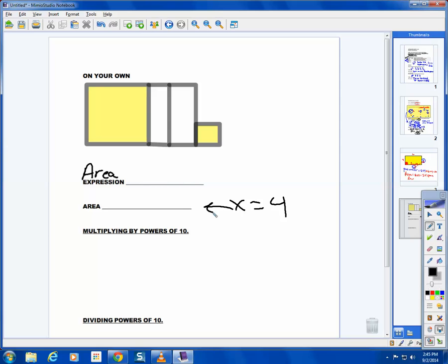Area expression. Who thinks they've got it? Oh, come on. Go for it. X to the second power. Yep. Plus 2x. Oops, hold on. Let me get this going again. Time out.